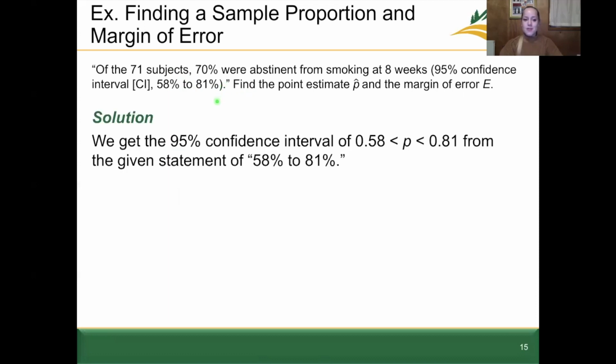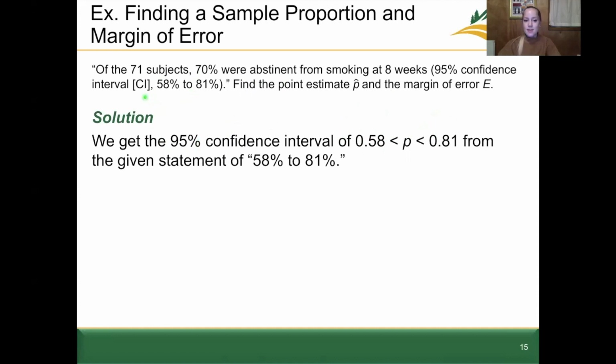For our solution, we get a 95% confidence interval of 0.58, so 58%, is less than P, which is less than 0.81. What this percentage range of 58% to 81% is giving us is this side of this relationship and this side of this relationship. Notice that we haven't done anything with 95% confidence here.